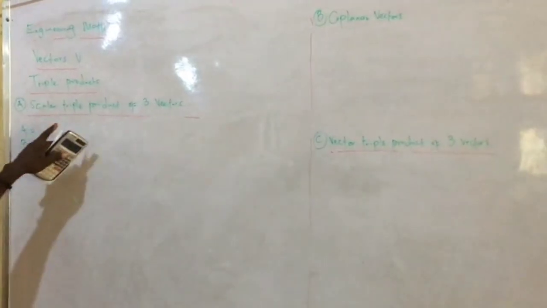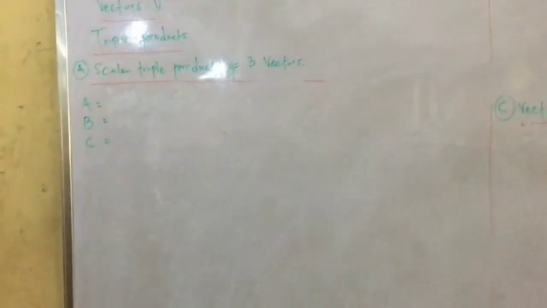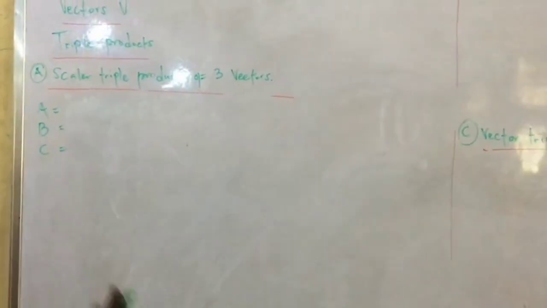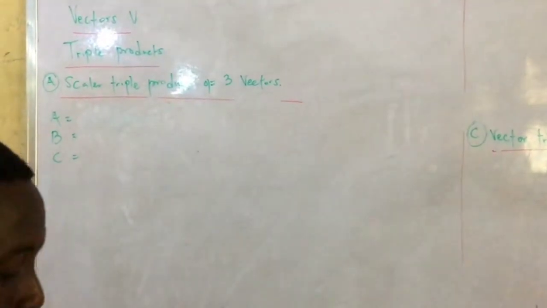Now, let's start with the scalar triple product of three vectors. We'll be given three vectors A, B, C in the directions I, J, and K. We have done that in our previous section.